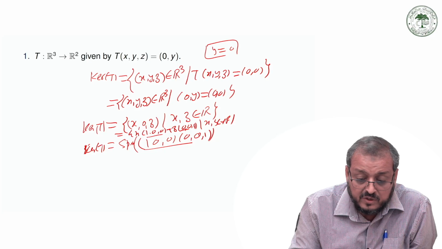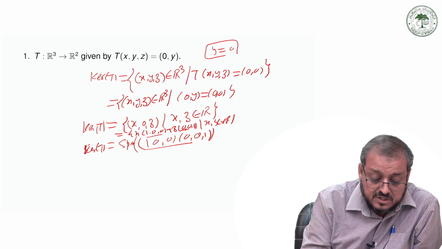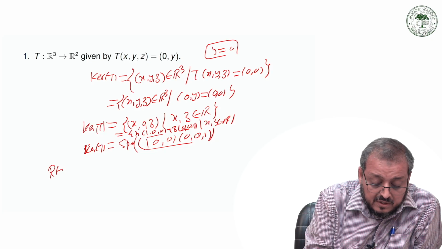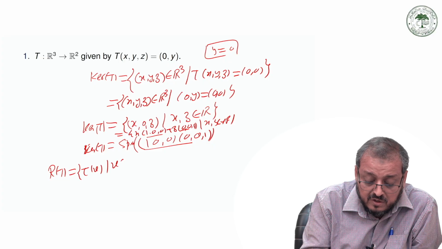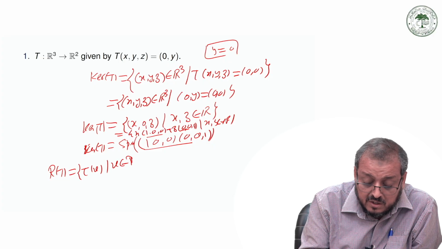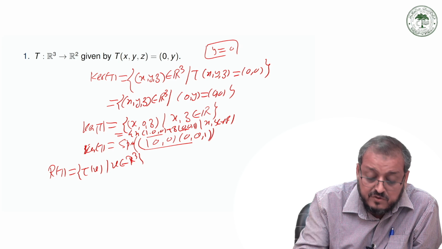Okay, now we try to find the range of this T. We know that the range of T is equal to the set of T(v) such that v is an element of R3. So, T(v) is equal to this.